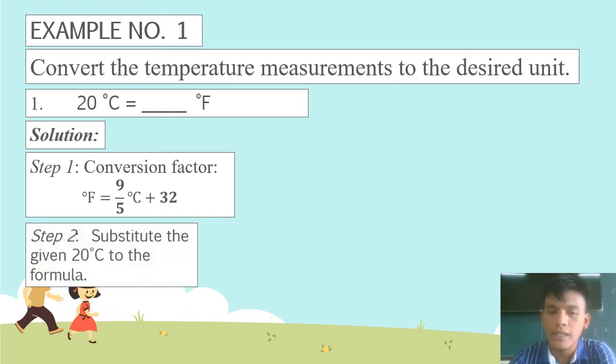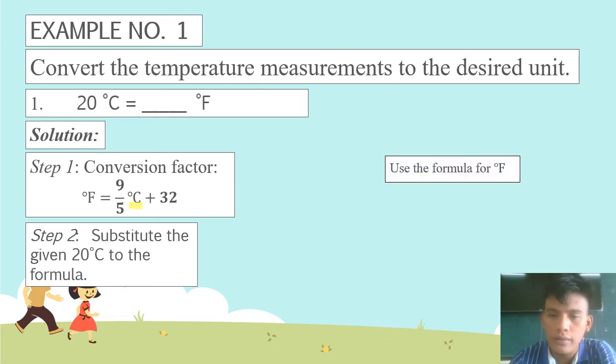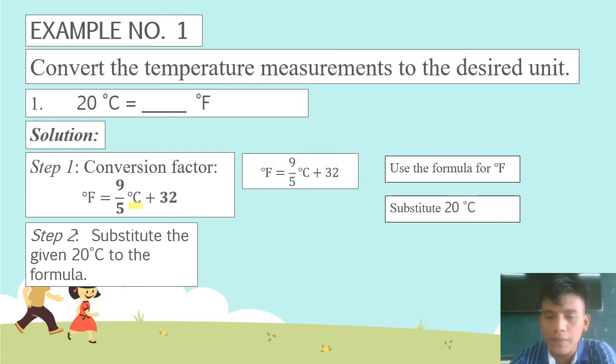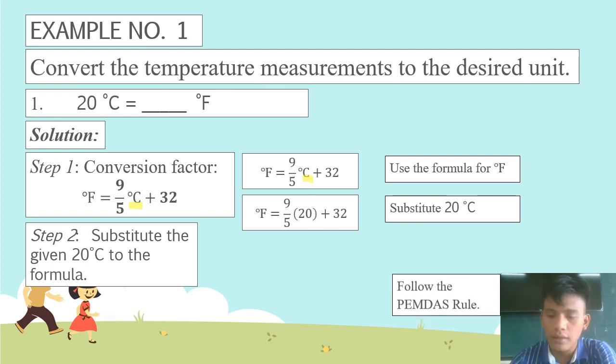Second step, substitute the given 20 degrees Celsius into the formula. So we will substitute, and that is in multiplication.